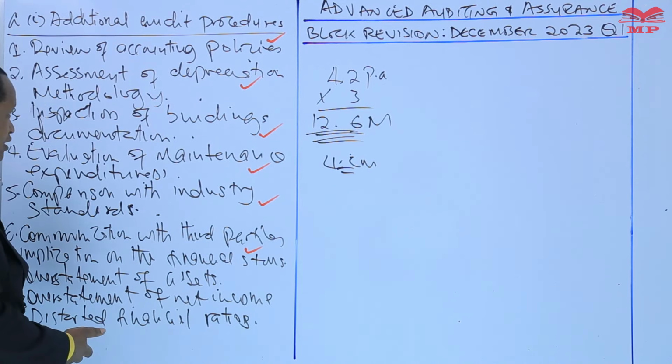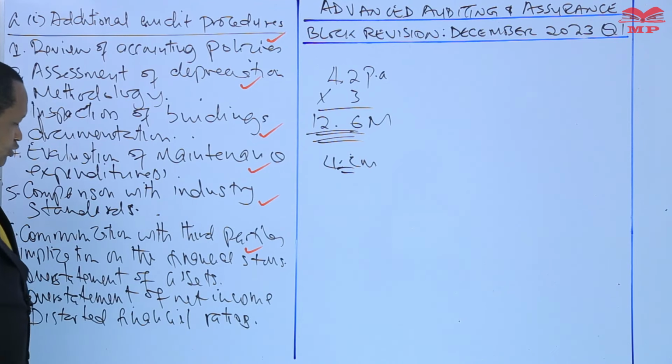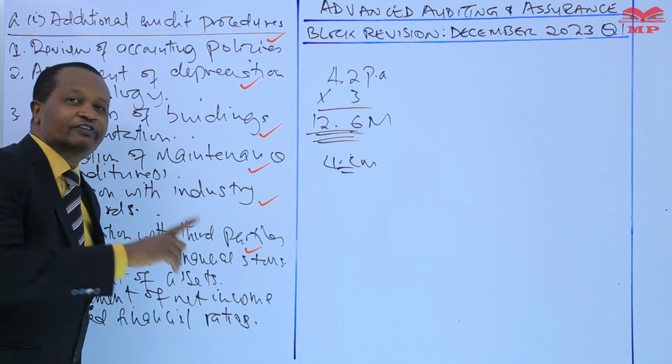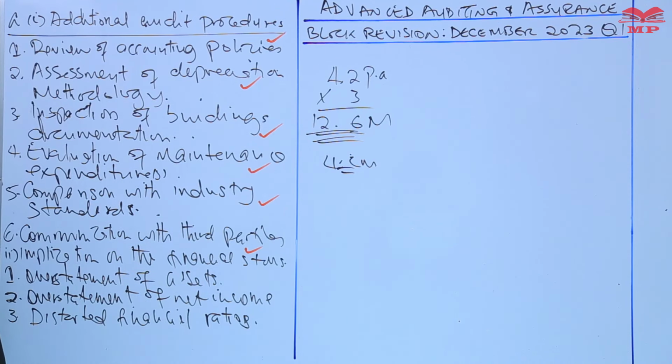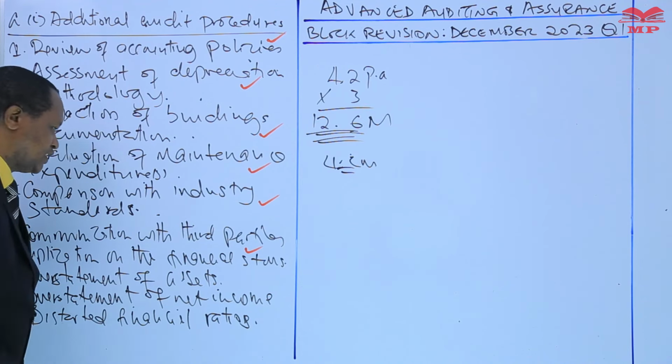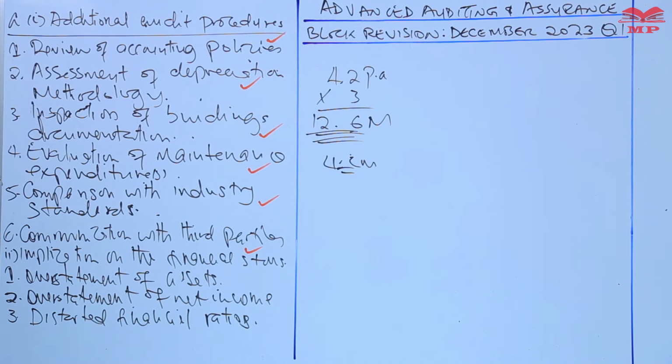So the omission to depreciate buildings could lead to distorted financial ratios. Why? Because the assets are inflated, net income is also inflated, and that could affect various financial ratios. That is an implication of not providing for depreciation on buildings.